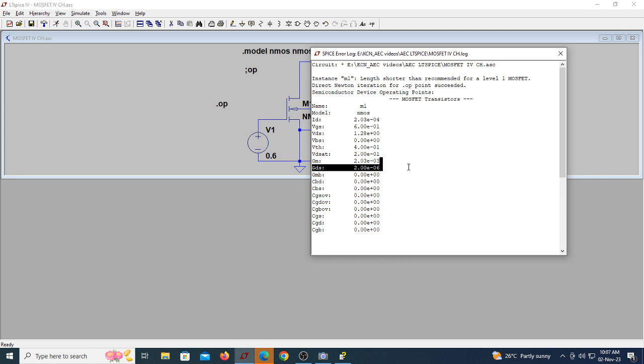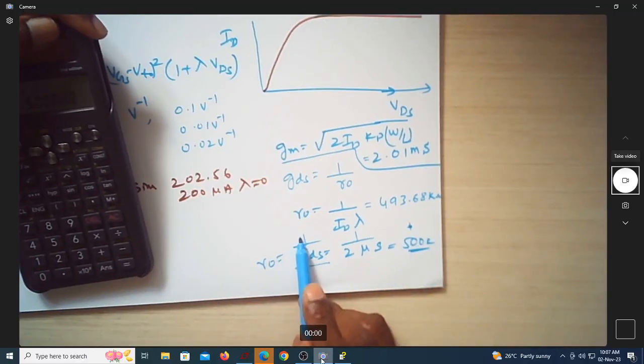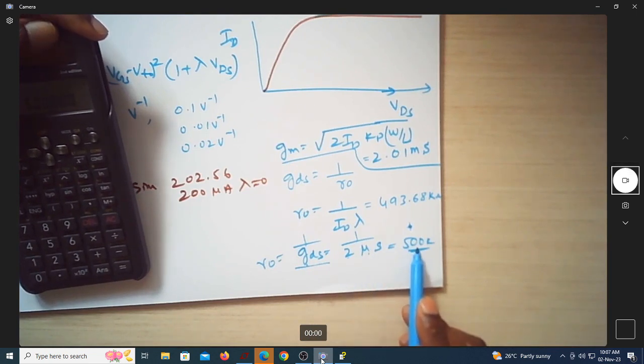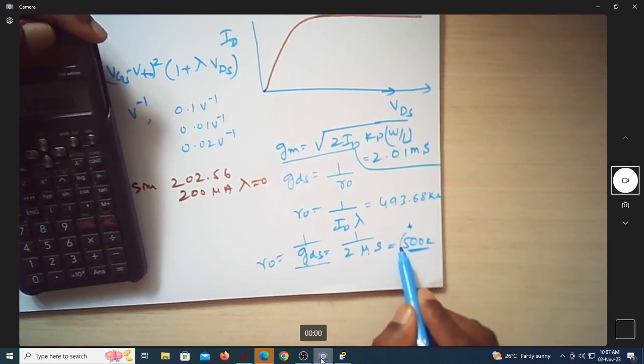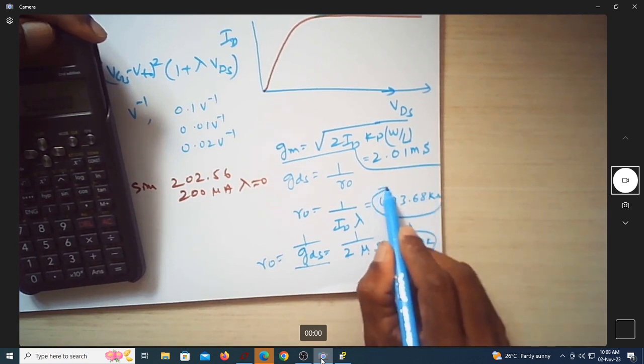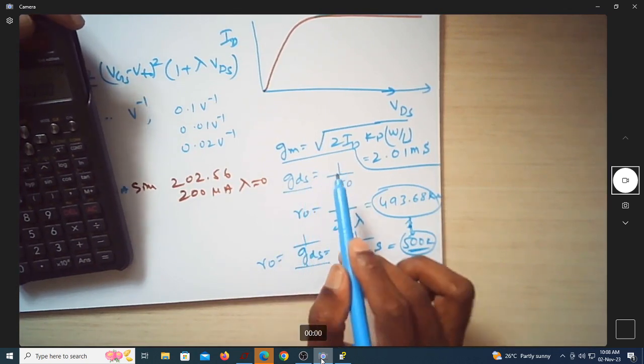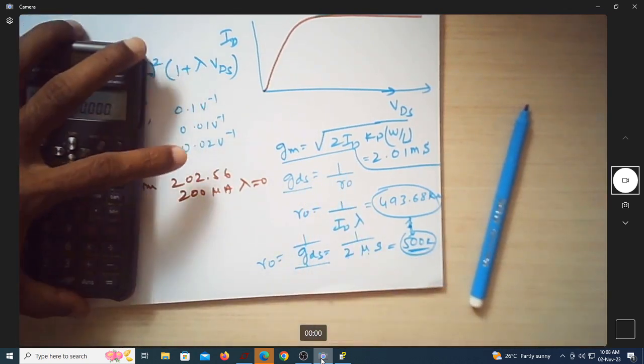R naught is equal to 1 over GDS, so it is 500K. Can you see this 500K and 493K are almost the same? So the GDS value indicates what my R naught is.